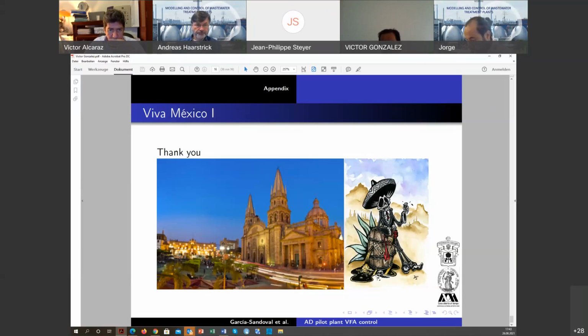And in the outer loop, we use COD measurements that are taken with a certain delay, discrete, we call it discrete.